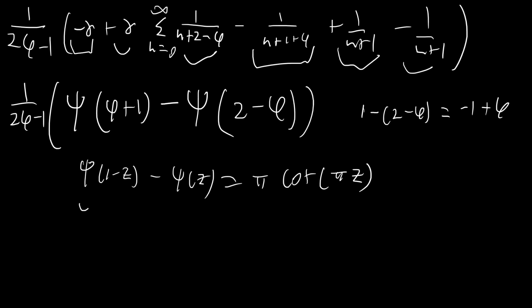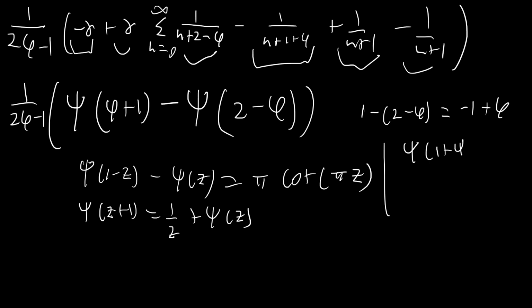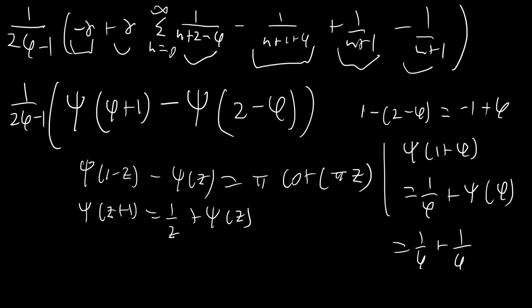So we're going to use digamma of z plus 1 equals 1 over z plus digamma of z. So this means that, if I go on the side here, digamma of 1 plus phi, oh dear, my psis and my phis are getting mixed up here, is equal to 1 over phi plus digamma of phi, which is equal to 1 over phi plus 1 over phi minus 1 plus digamma of phi minus 1.